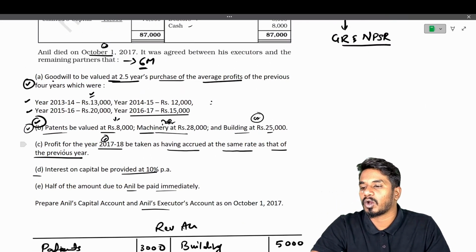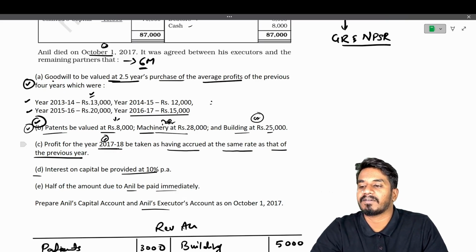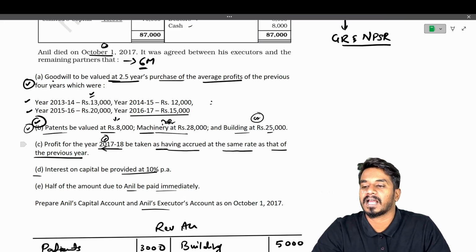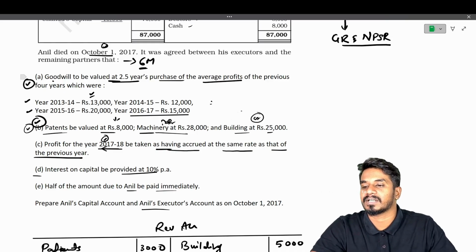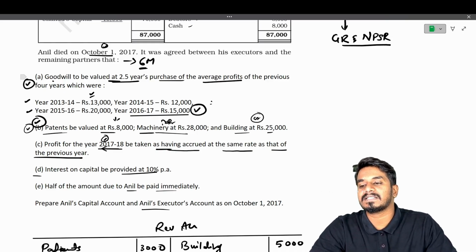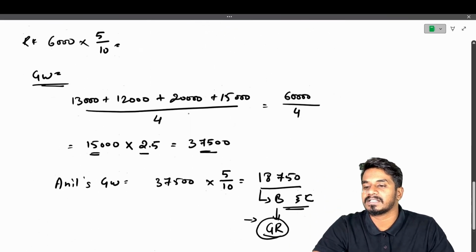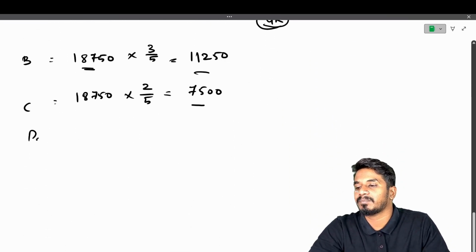The next thing: profits for the years 2017 and 18 to be taken as having accrued at the same rate as that of the previous year. So the previous year profit is 15,000, which we have already discussed. So we have to calculate profits now.